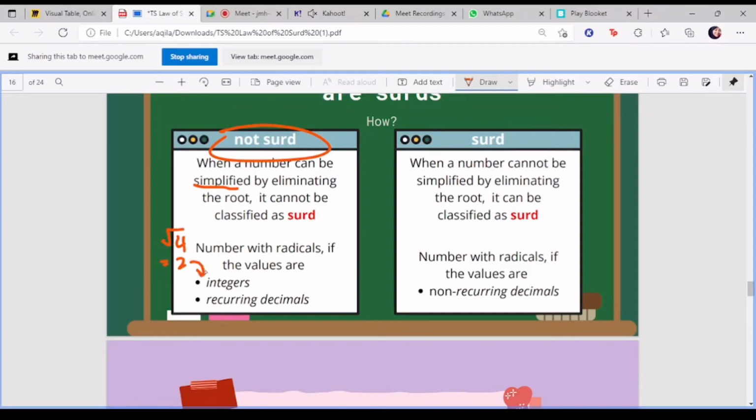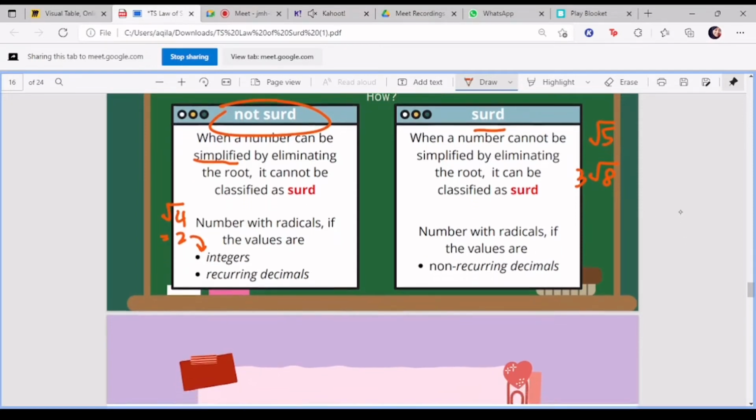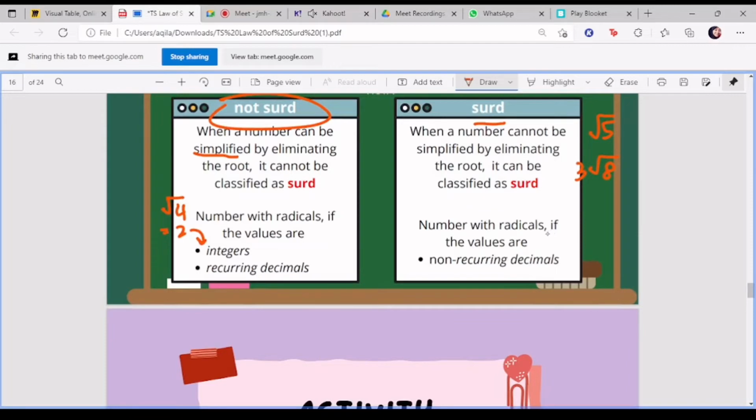So 2 is an integer. And when a number cannot be simplified by eliminating the root, it can be classified as a surd. For example, we have root 5. For example, we have root 8 multiplied by 3. So, numbers with radicals whose values are non-recurring decimals.